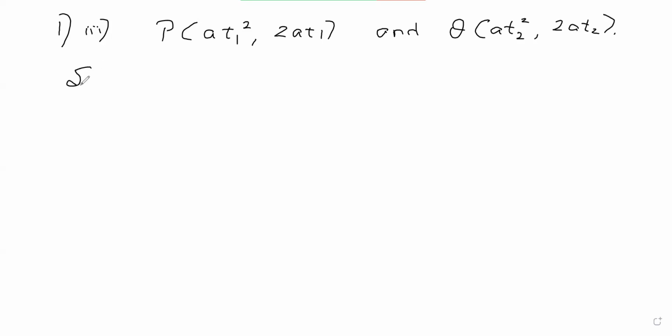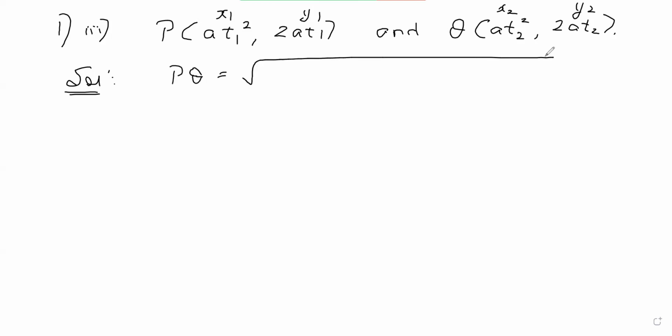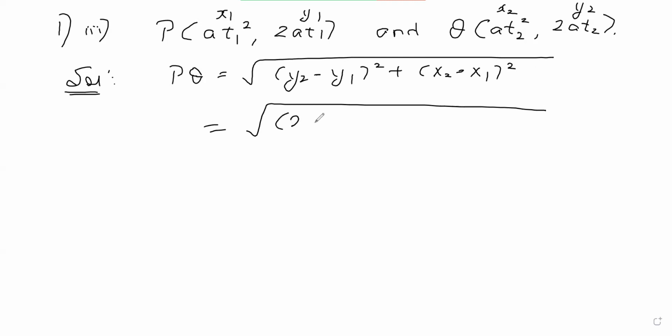How do I find PQ, the distance PQ? This is x1, y1, x2, y2. How do I find PQ? That's the square root of y2 minus y1 squared plus x2 minus x1 squared, which is 2a t2 minus 2a t1 plus a t2 square minus a t1 square.